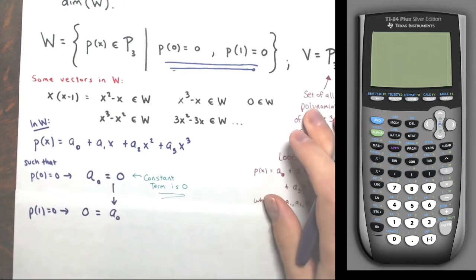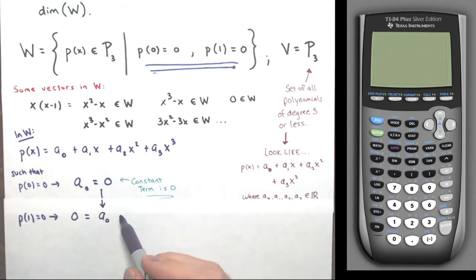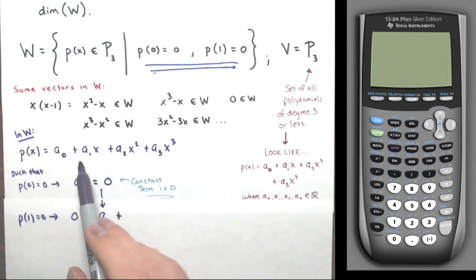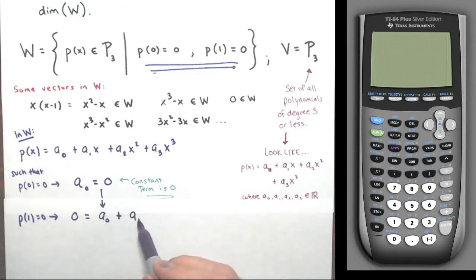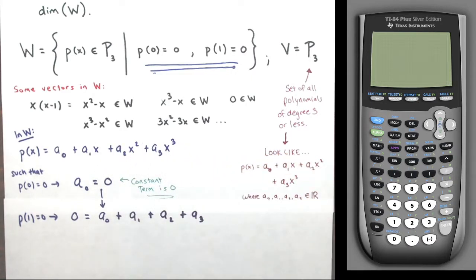Plus, I'm replacing x with 1 everywhere, so there's plus a1, plus a2, plus a3, because 1 to the first, 1 squared, and 1 cubed are all 1. And then a0 is 0, so I'm getting this equation: a1 plus a2 plus a3 is equal to 0.